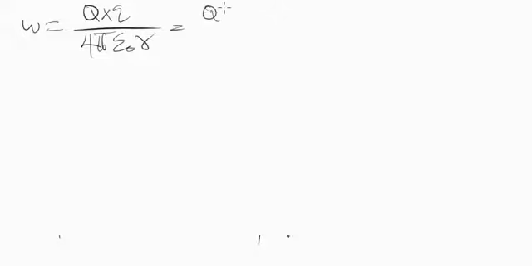W now becomes Q times Q over 4 pi E naught R, or simply put Q times Q over 4 pi E naught R.